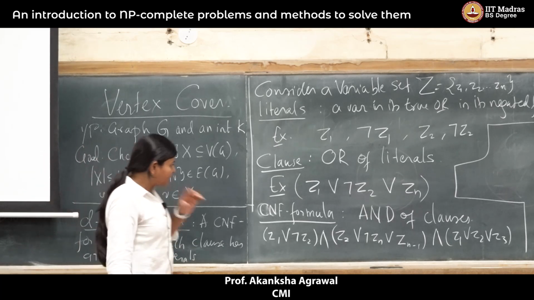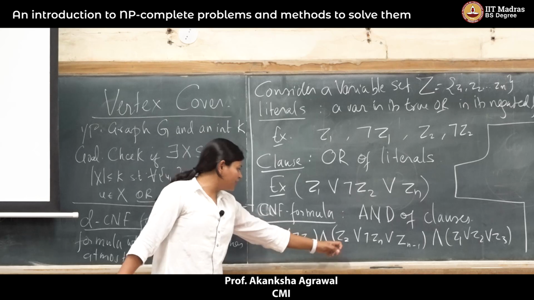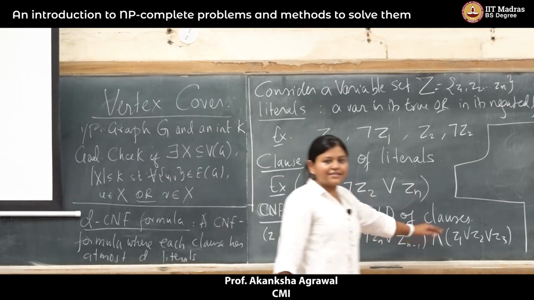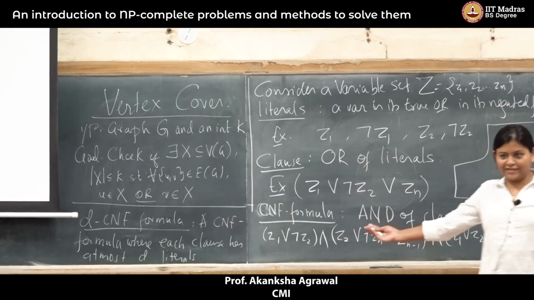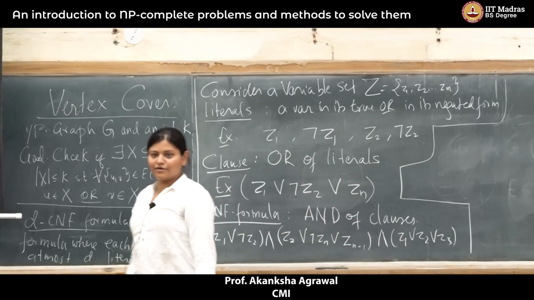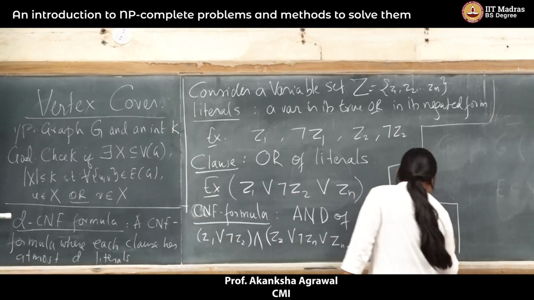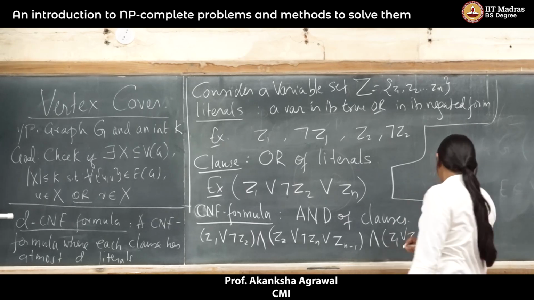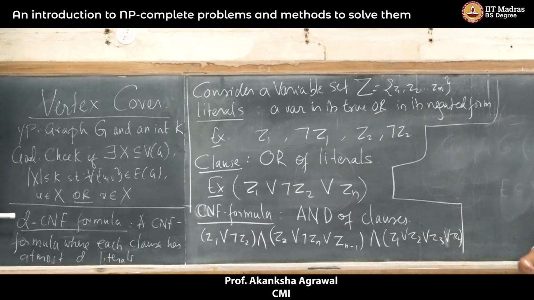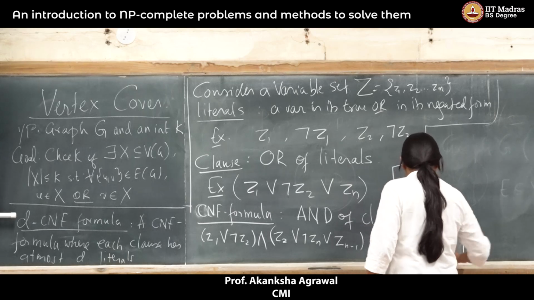For example, can you give a bound on D? Like, can you say this is a D-CNF formula for some D? 3, right? This is a 3-CNF formula. However, if I add here not of say Z4, then it will no longer be a 3-CNF formula, but it will become a 4-CNF formula.